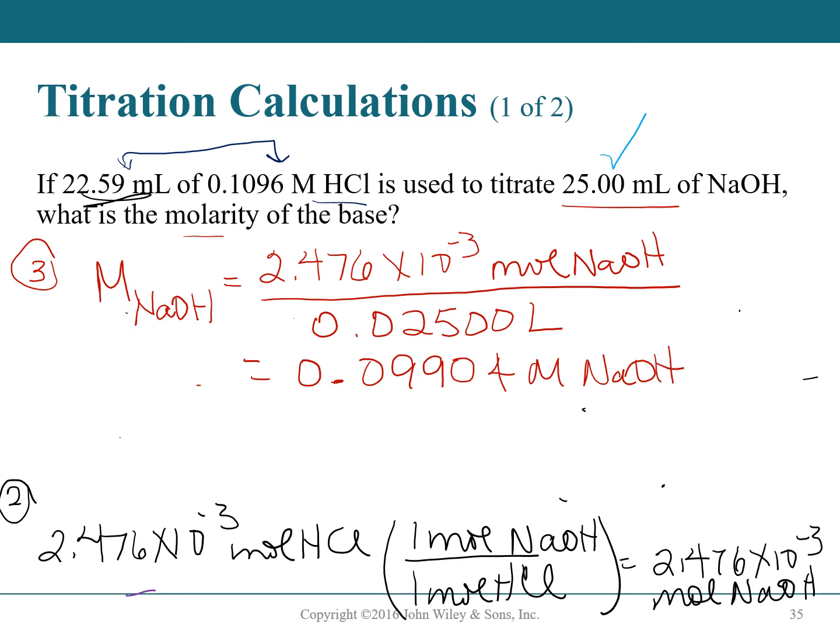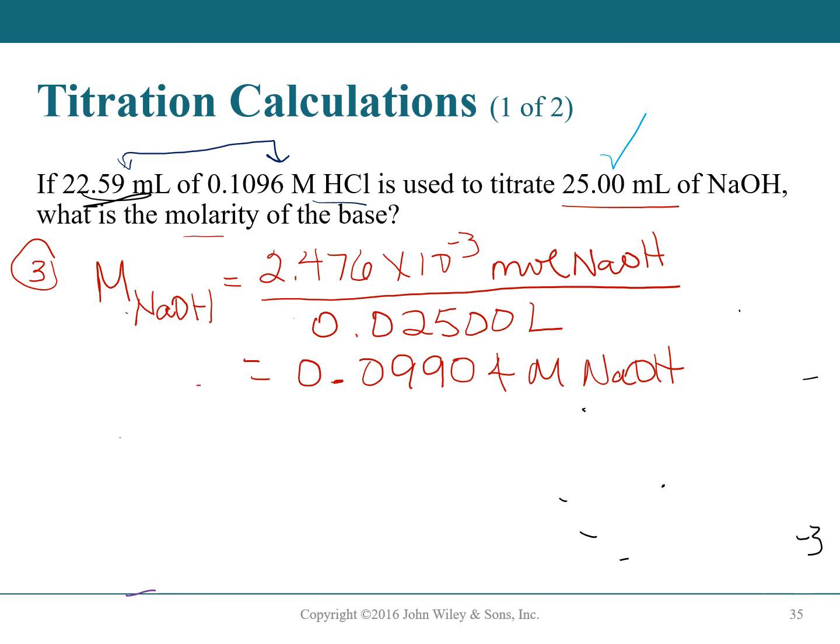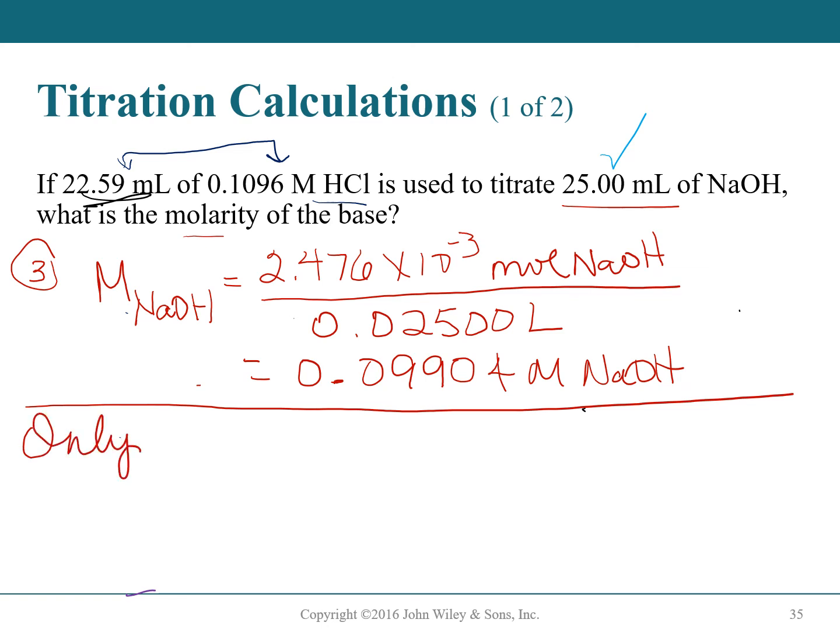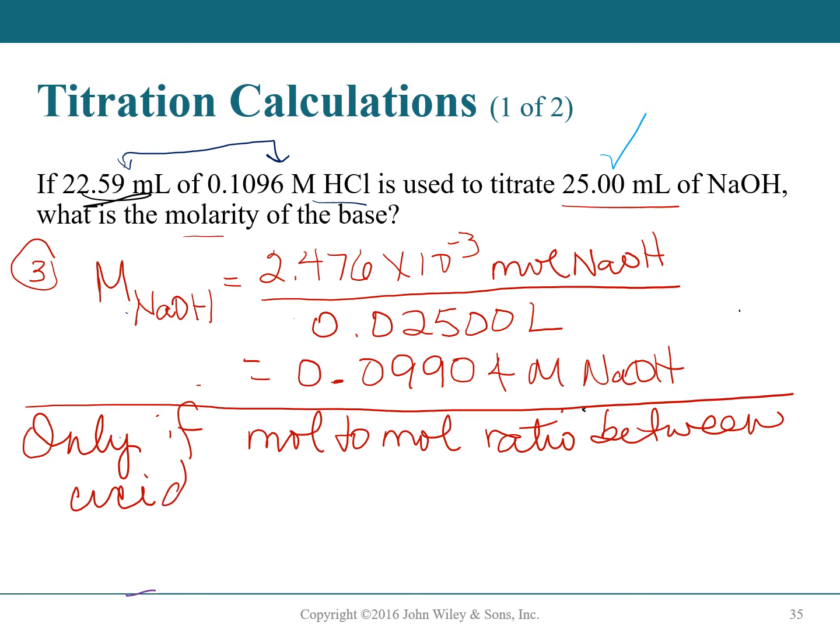Okay, so you're done. Now sometimes you'll see us talk about using this equation, which is much easier, but you have to be aware that it only works for specific cases. Only if the mole to mole ratio between acid and base is 1 to 1.